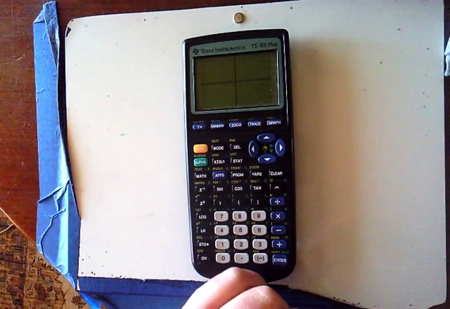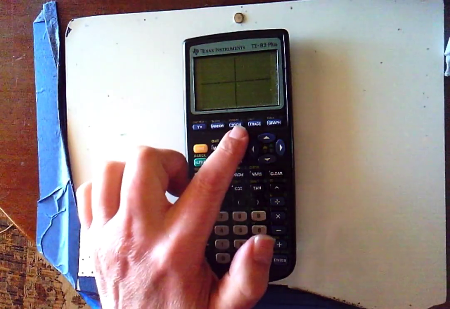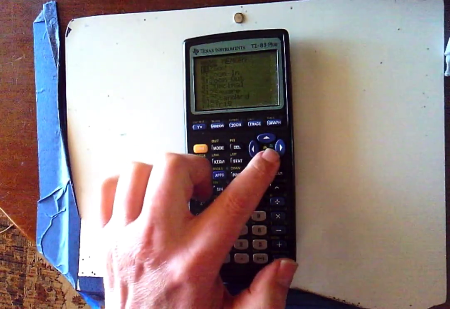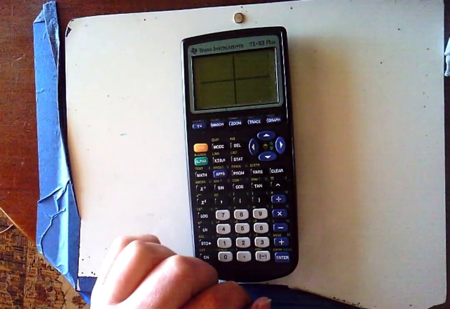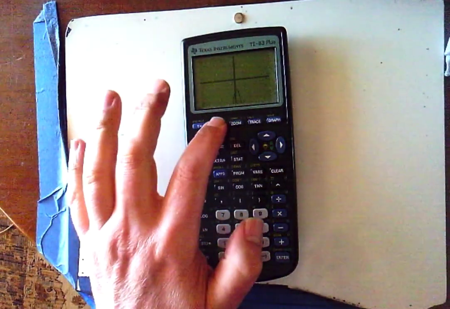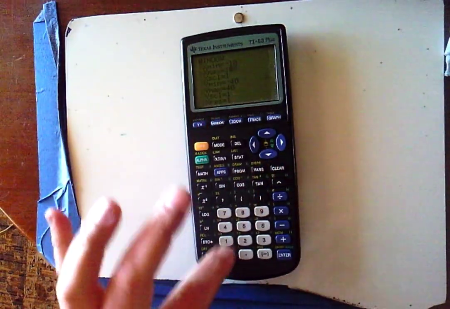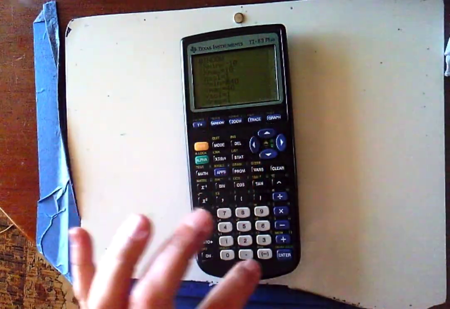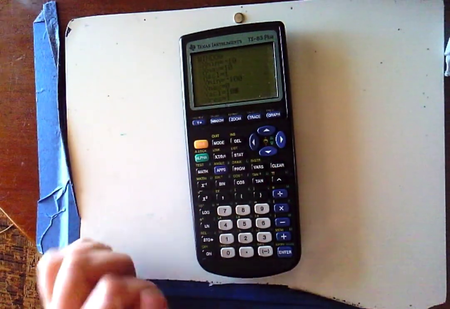If I do zoom standard, I don't see any parabola at all. So I can use zoom to help me figure out where the graph is, because now we're just going to zoom out. Oh, I see most of it is below the x-axis, and that can allow me to change my viewing window to be something more appropriate. I said negative 100 to 0 in steps of 10.